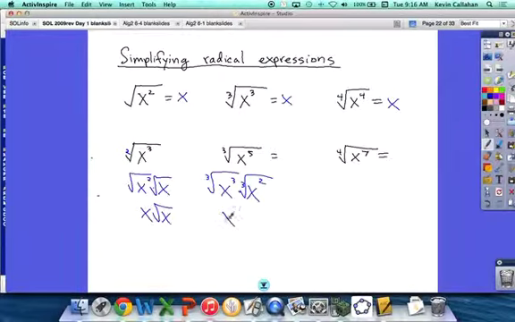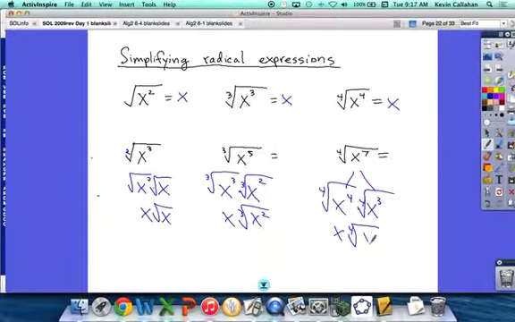So that is x times the third root of x squared. And how about this one? How am I going to split it up? X to the fourth, x to the third. Fourth root. So that is x times the fourth root of x to the third.